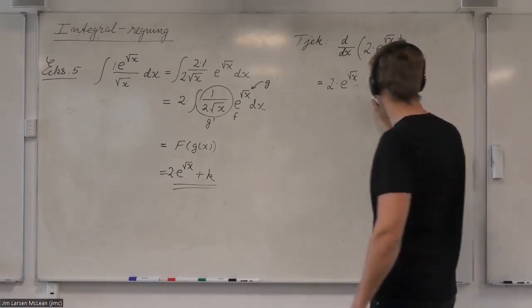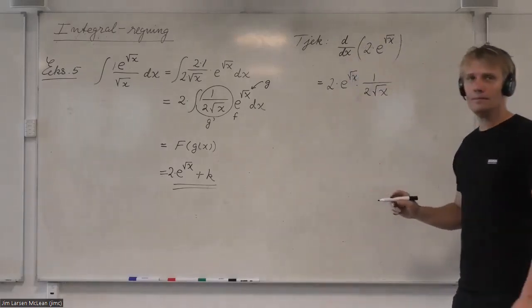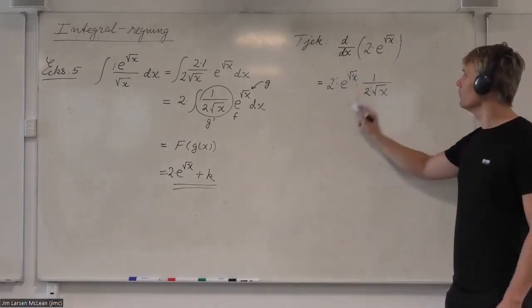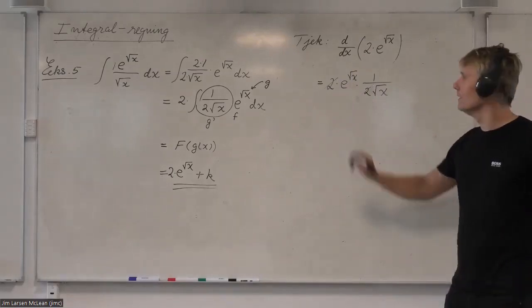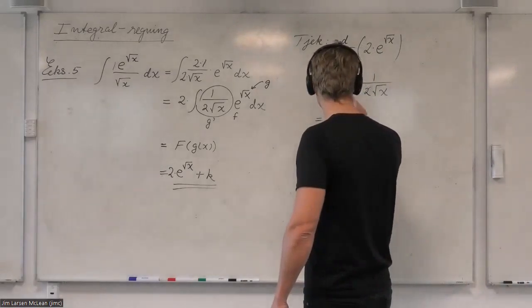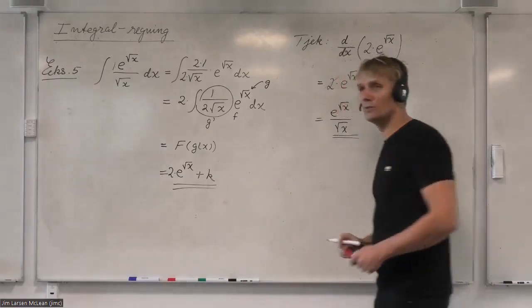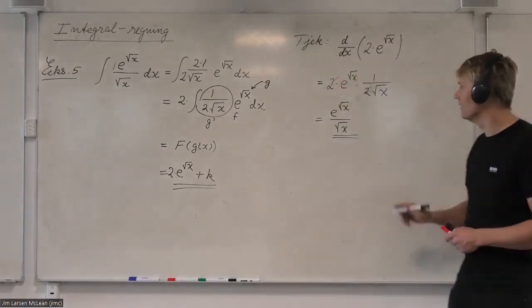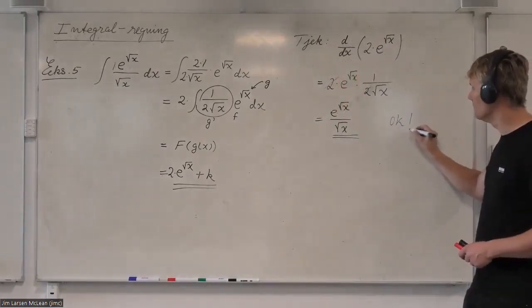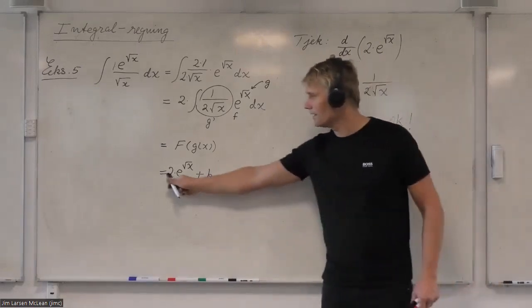And the derivative of the square root of x gives 1 over 2 square root of x. When I both multiply and divide by 2, they cancel out. And I have to multiply e to the square root of x in the numerator. So this gives e to the square root of x over square root of x. That's correct. So I trust your equal sign.